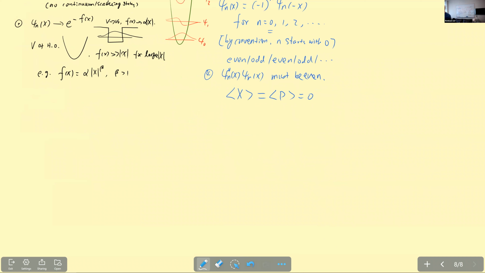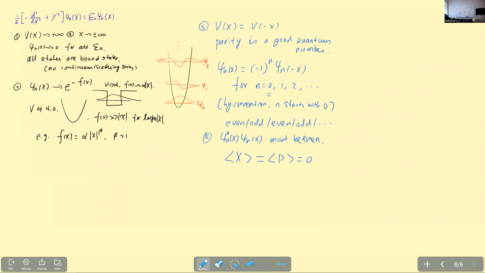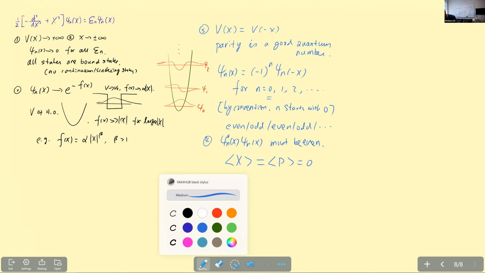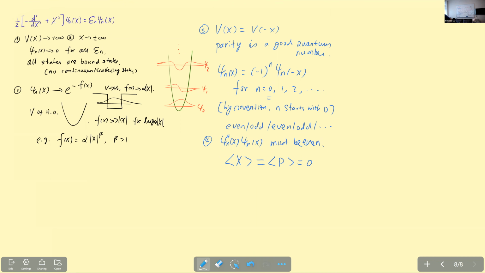And now I want to say that there is an even more beautiful feature for these states. Remember, in the Hamiltonian, there is this kind of exchange symmetry. If you exchange x and p, you actually will not change the Hamiltonian.